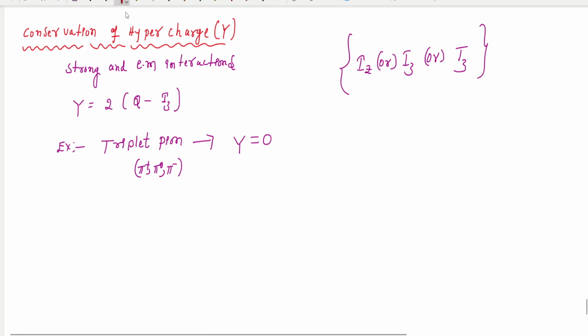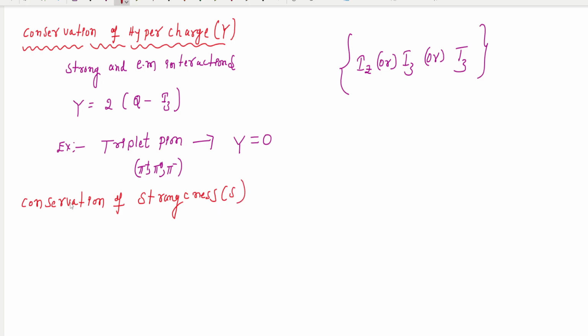That is the strangeness number, conservation of strangeness number.